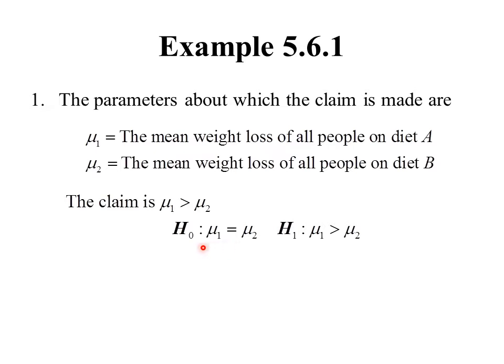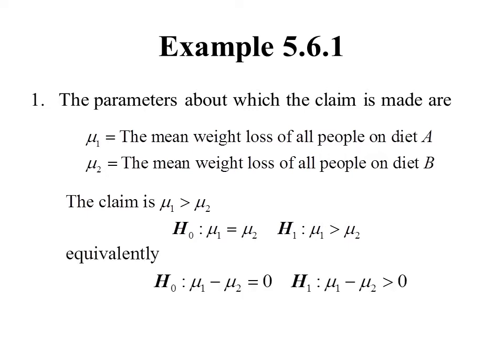This is a statement of the status quo. We might expect these diets to be equal if we didn't have any data indicate otherwise. Our alternative is going to be that mu1 is greater than mu2. This is what our data seem to indicate is true, so that's going to be our alternative hypothesis. Now, we're going to note that we could rewrite these hypotheses in a slightly different way.